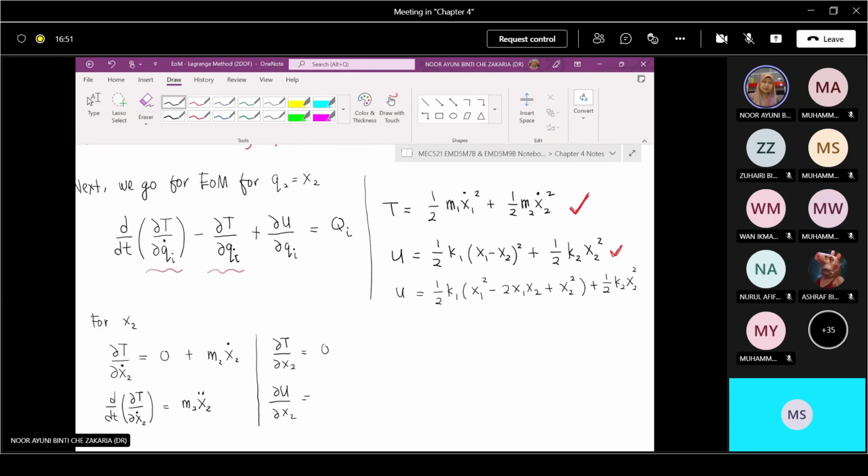So kita ada 0 for x1, and then for x2 negative K1 x1 ya, negative K1 with x1, and then plus K1 x2 sahaja, and also K2 x2.